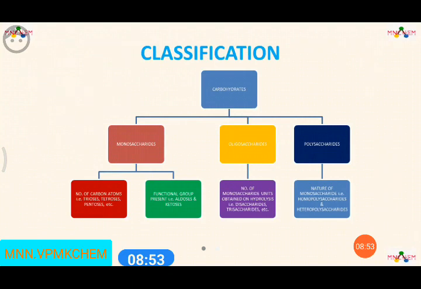Sucrose is table sugar that gives glucose and fructose. These are the two monosaccharide units.